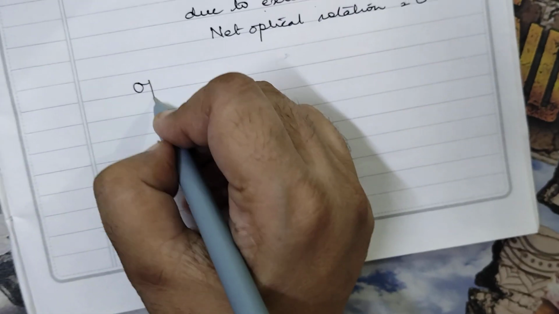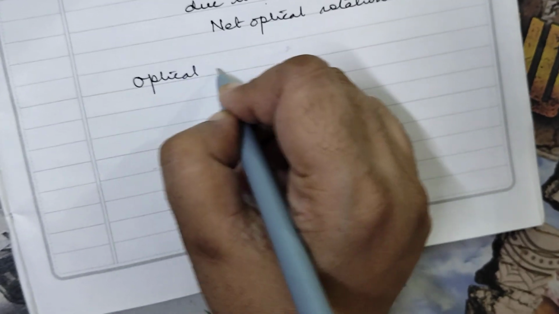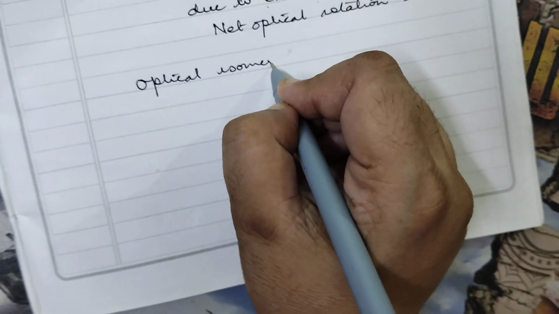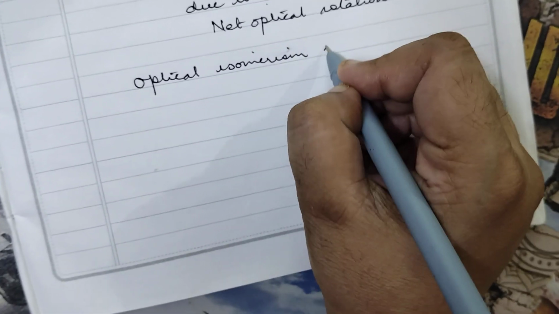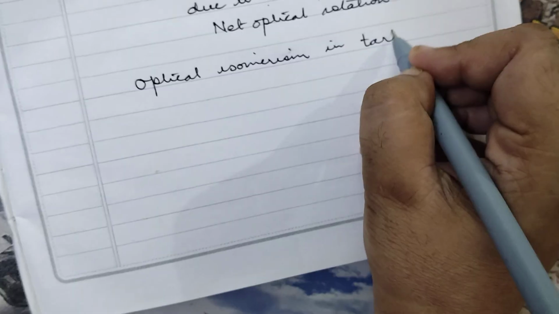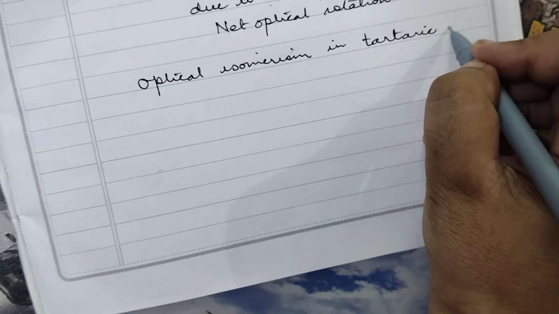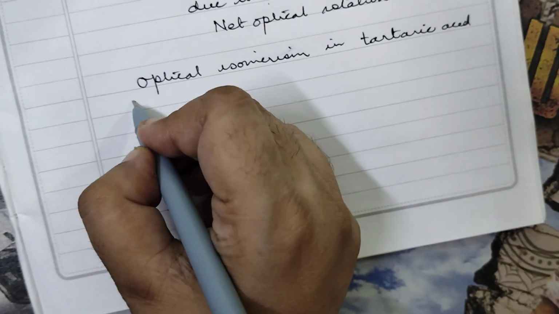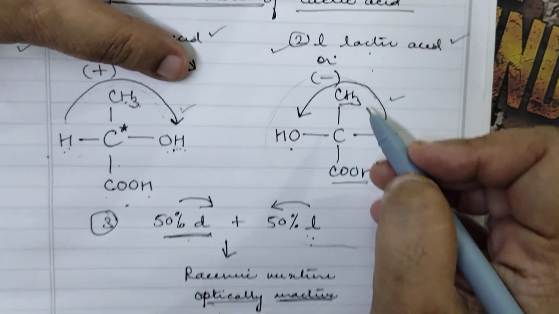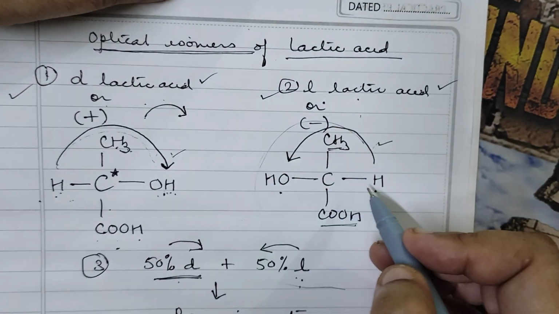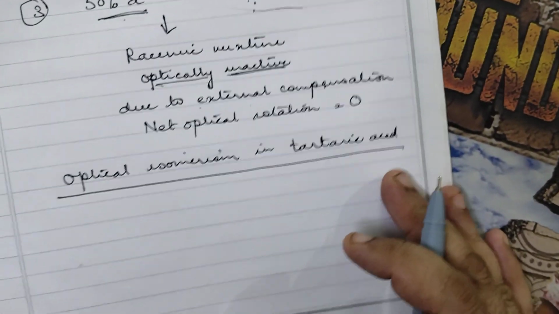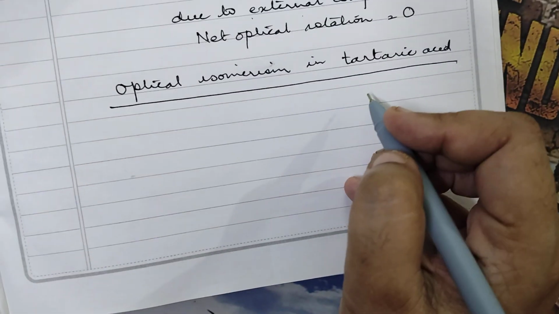Exactly in the same way, we will see the optical isomerism in the next compound, which is tartaric acid. These two compounds are here in our course, lactic acid, which we just saw, and tartaric acid, which we are going to do.